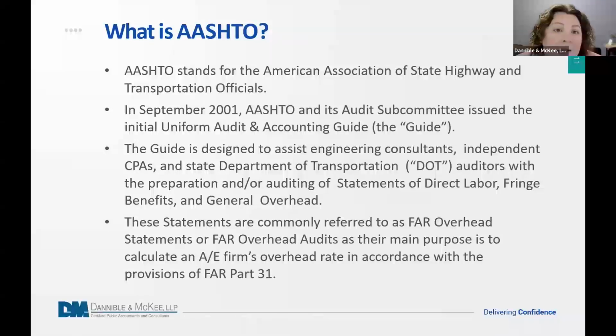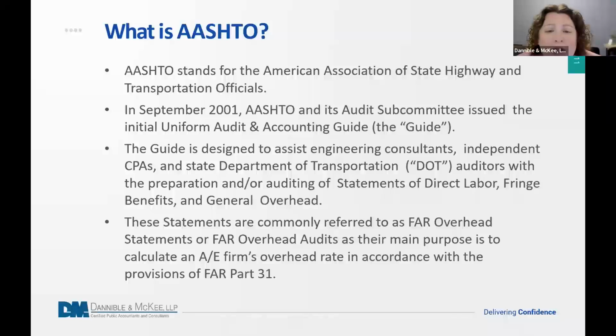So one guideline that we use quite frequently is called the AASHTO guide. So what does AASHTO stand for? It's the American Association of State Highway and Transportation Officials. Way back in 2021, AASHTO created an audit subcommittee that really created this guide. It's called the Uniform Audit and Accounting Guide. It's a great guide.